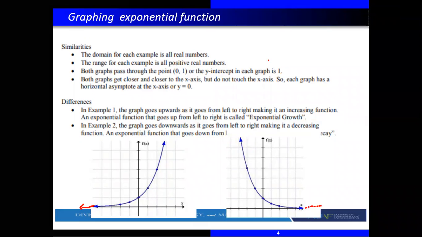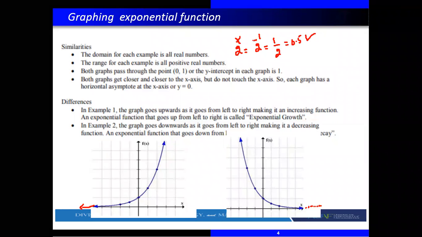For example, if we have 2 power x and you give negative values, 2 power minus 1 is equal to 1 over 2, which is 0.5. We are giving minus values, and you will see that the values are decreasing, but it will never become 0.